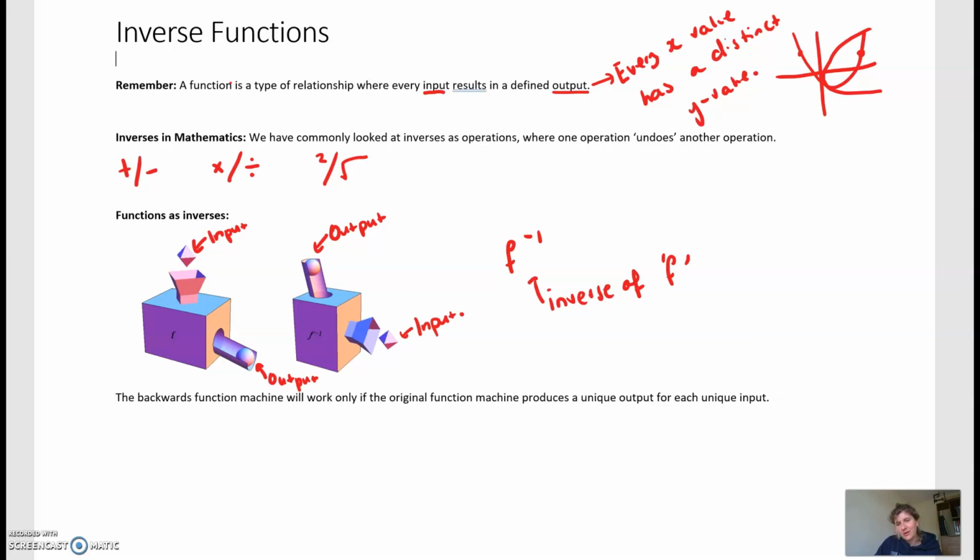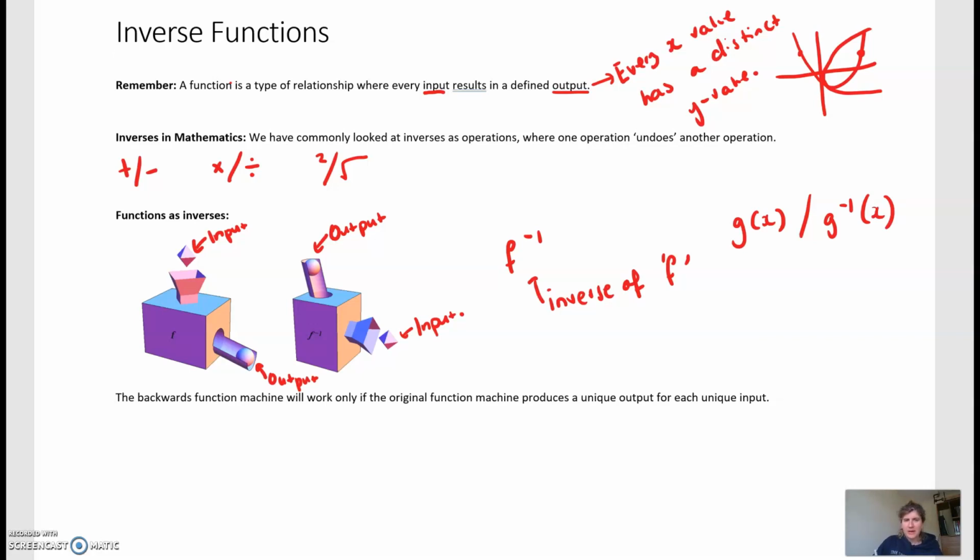For the moment, it's not a power of -1, it's just a -1. So it's f^-1(x), and that's the inverse of f, which results in what we call our inverse function. Likewise, same as we can have a g(x) function, we can also have g^-1, the inverse of g.